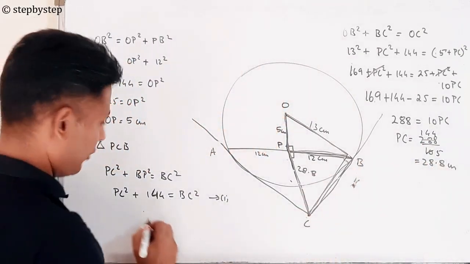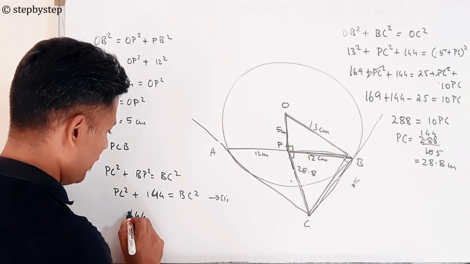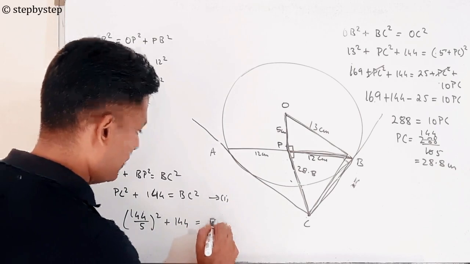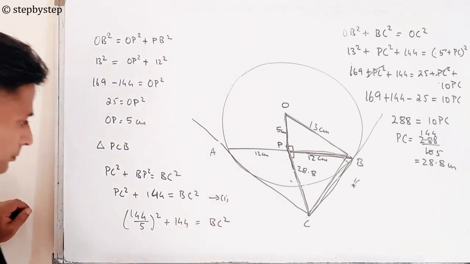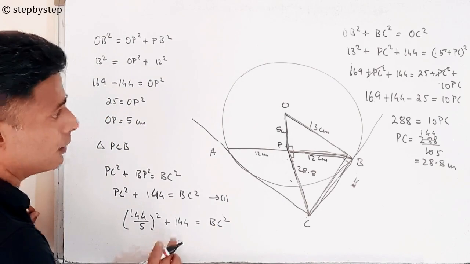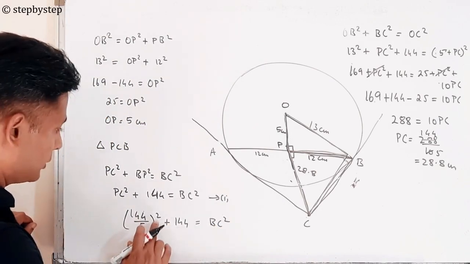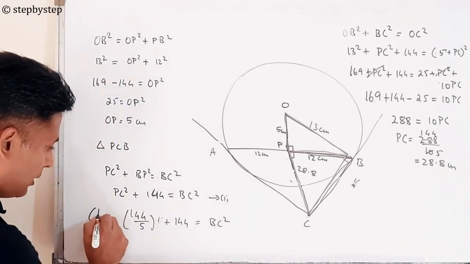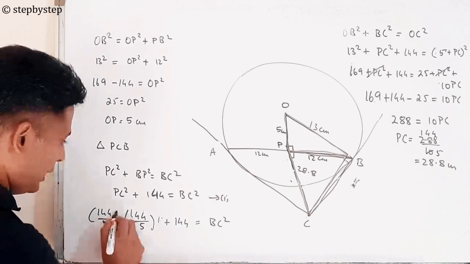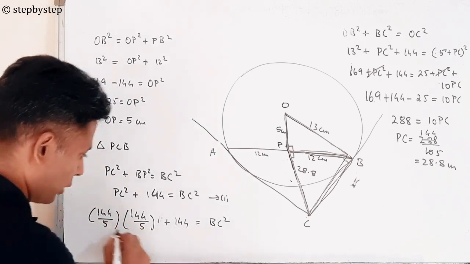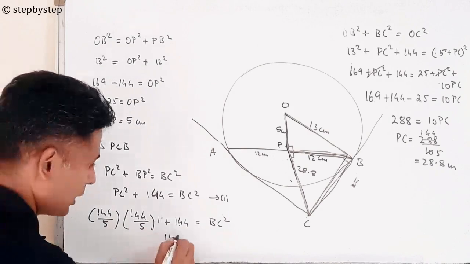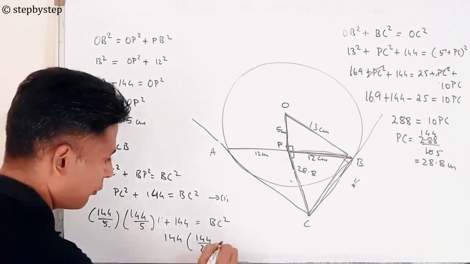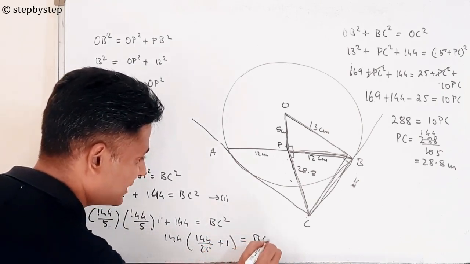So 144 by 5 whole square plus 144 equals BC square. Okay, correct. I can write this as 144 by 5 into 144 by 5 plus 144. Now I can take 144 common here. So I get 144 into 144 by 5 into 5, that is 25, plus 1 equals BC square.